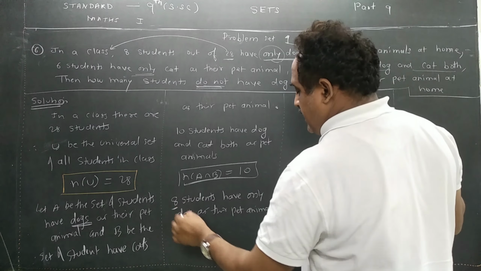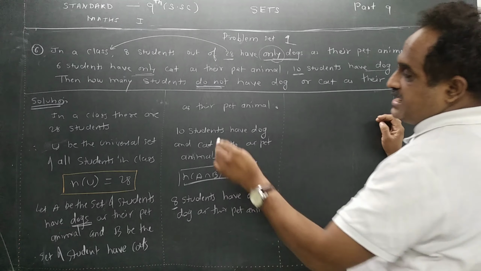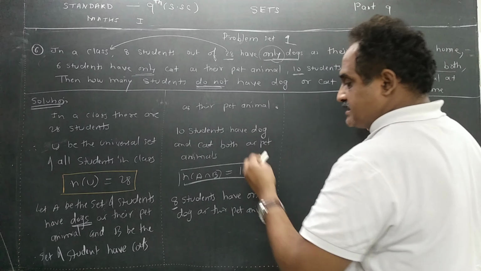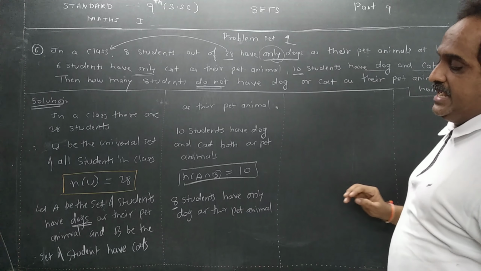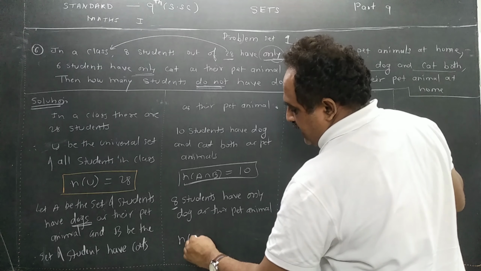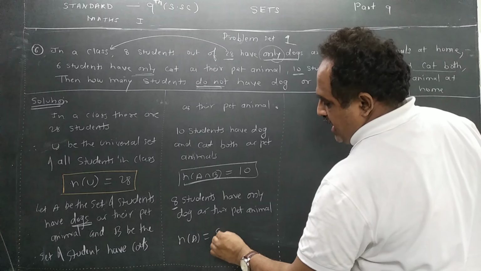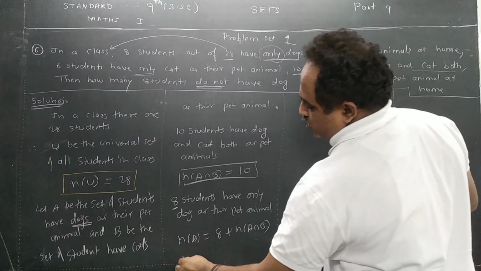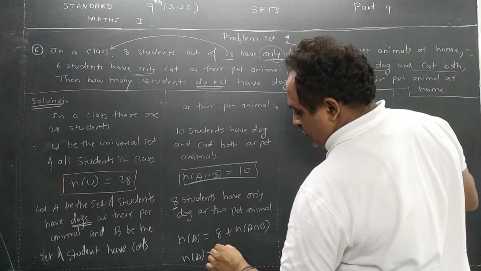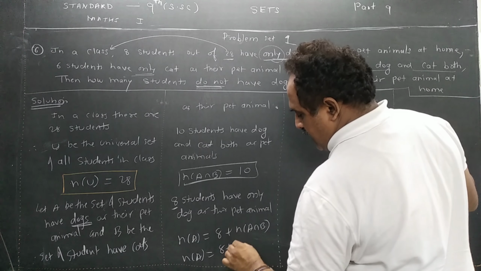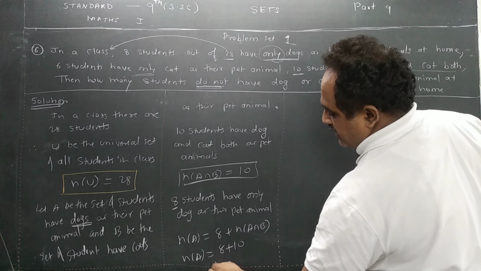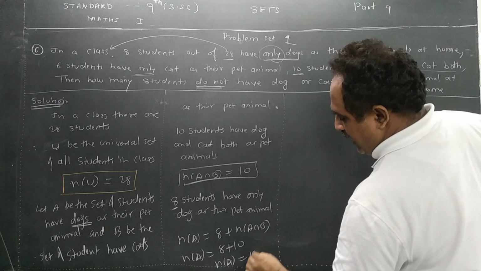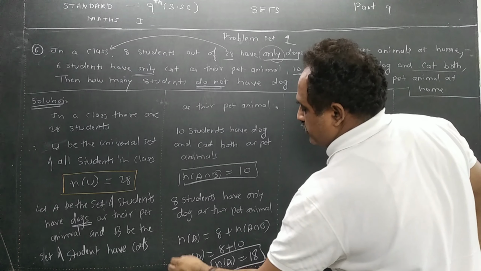Is it right? खाली कैट नहीं है. But there are 10 students who are having dog as well as cat, but they are also coming in this category. So what I mean by that, n(A) is equal to 8 plus number of elements in A intersection B. So n(A) is equal to 8 plus 10, that is nothing but n(A) is equal to 18. That I put in.